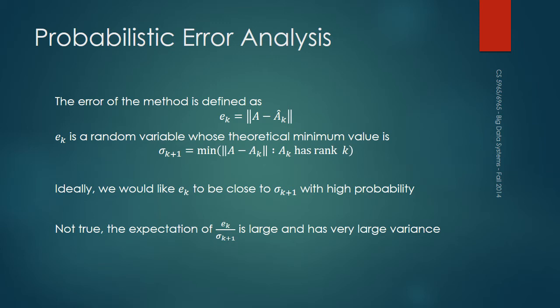So the error of the method is going to be defined in terms of the difference between the matrix A and the K-rank approximation that we generate from our randomized SVD, and some norm of it. Now EK, of course, is going to be a random variable whose theoretical minimum value is sigma K plus 1. Is this clear or not?